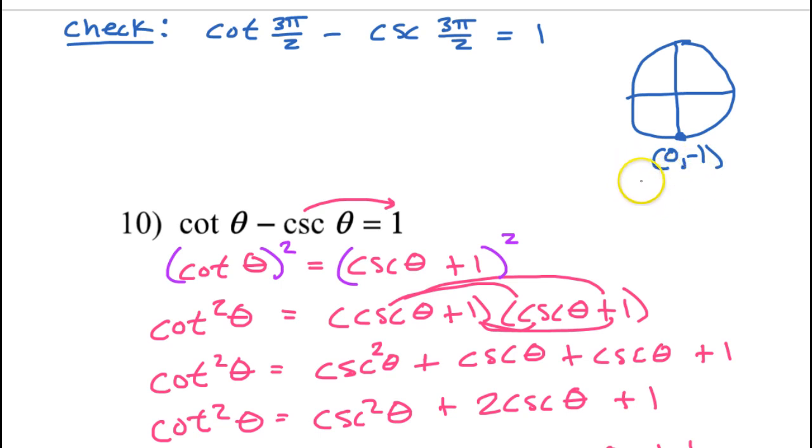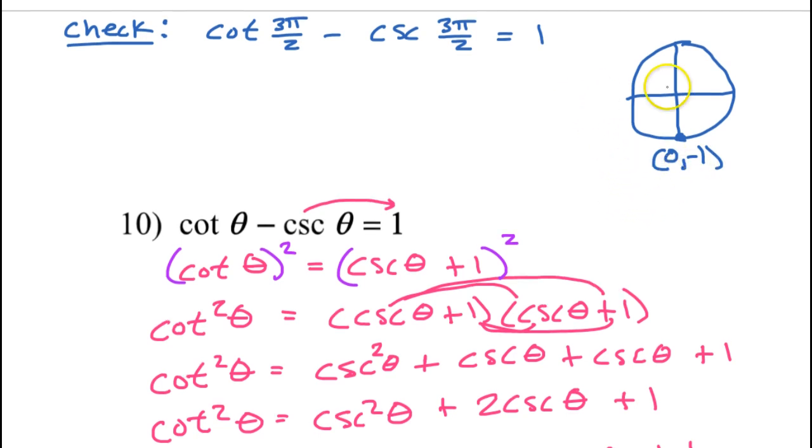So let's think about what x, y, and r are. x is 0, y is negative 1, and r is 1. It's the unit circle.